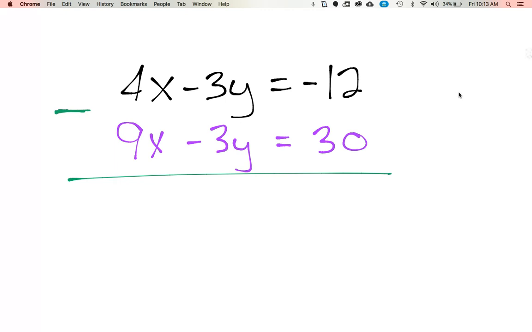This is 4 minus 9, which is -5x. -3 minus -3 is 0. -12 minus 30 is -42.